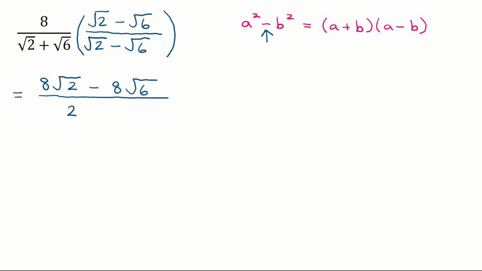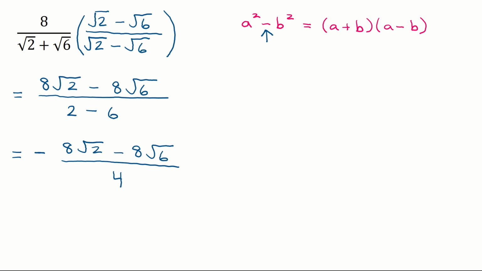So it's going to be 2 minus 6. 2 minus 6, we know, is just equal to negative 4. So I'm going to stick a negative here. We have 8 root 2 minus 8 root 6. And we are dividing this by a 4. A negative 4, but I put the negative outside.